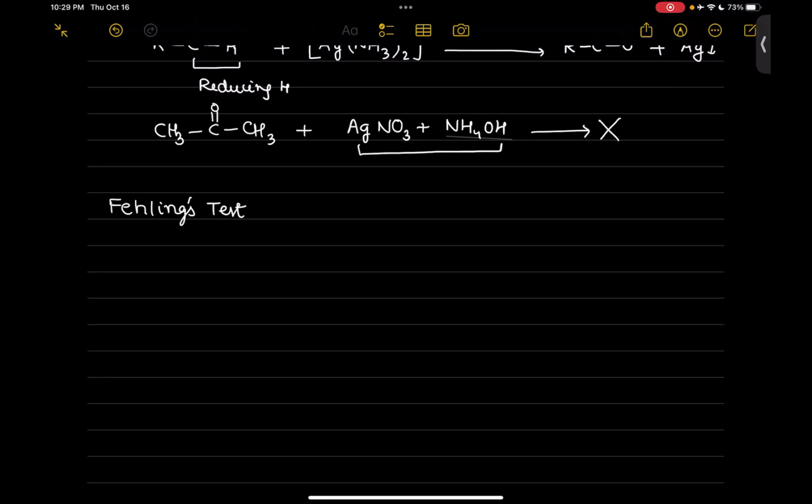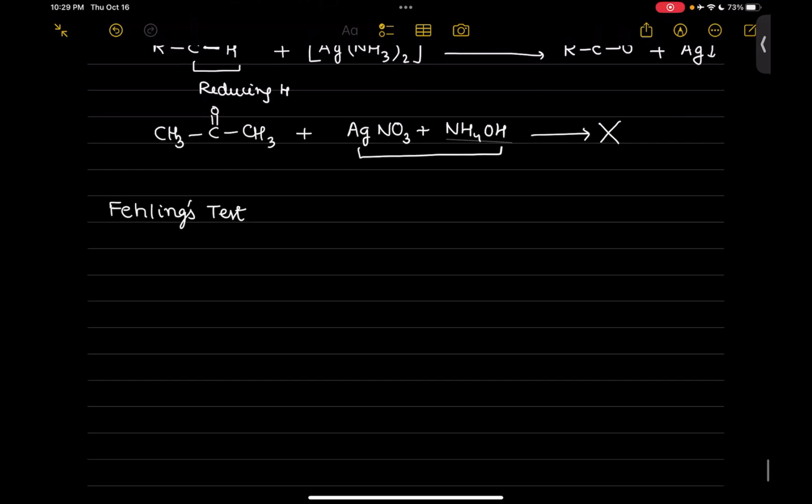While ketones have carbon on both sides of CO, so ketones do not have that reducing hydrogen connected to CO. So ketones will not give this test.